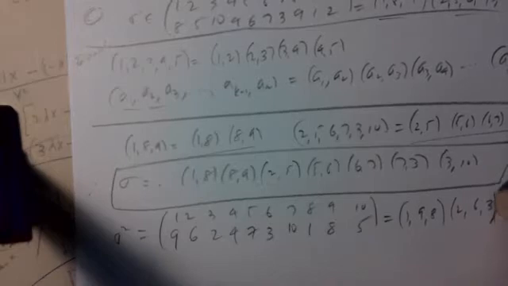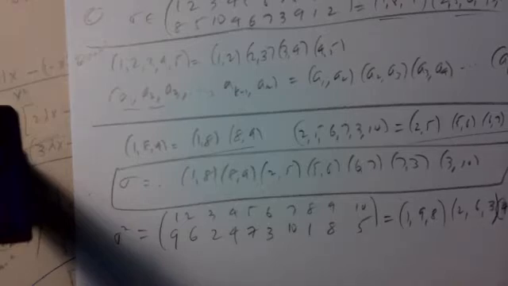That's a 3 cycle. 4 goes to 4. 5 goes to 7, goes to 10, goes back to 5. So sigma squared is a product of 3 cycles.